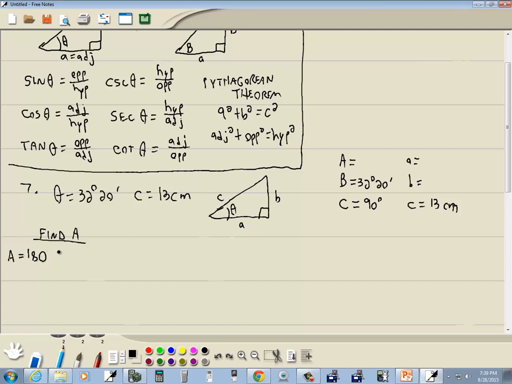A is going to equal 180 degrees minus B minus C. Or you could simply just do A is equal to 90 degrees minus angle B. So it doesn't matter which one. I'll use this one. So we got A is equal to 180 degrees minus B. Well, B we said was 32 degrees, 20 minutes, minus C, and we said C was 90 degrees.